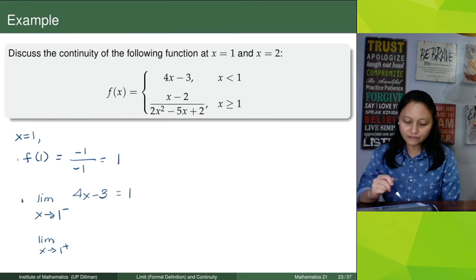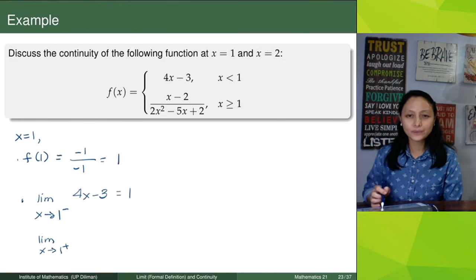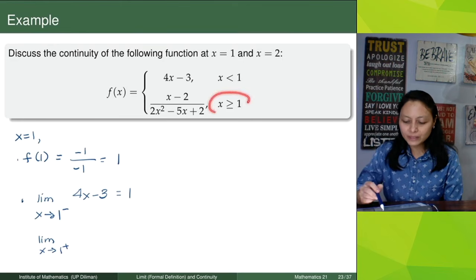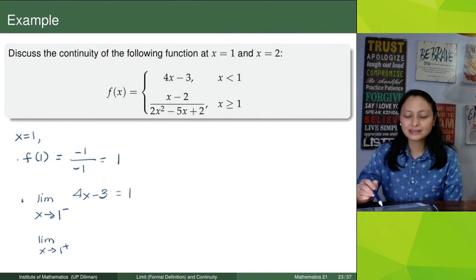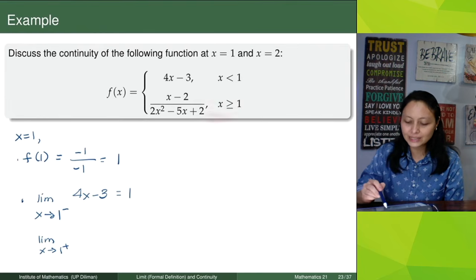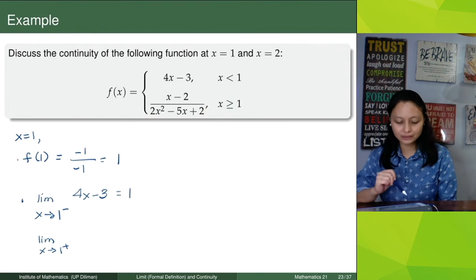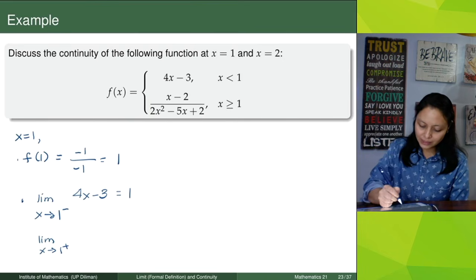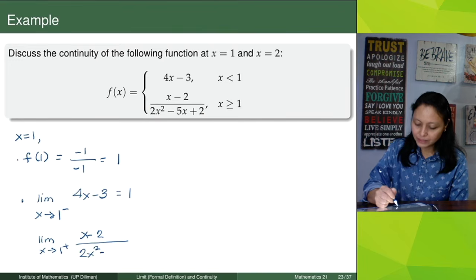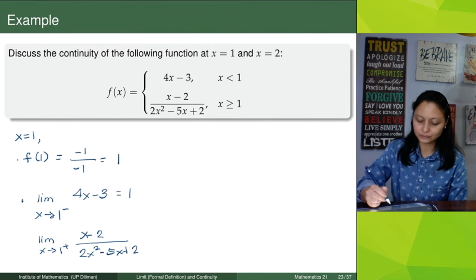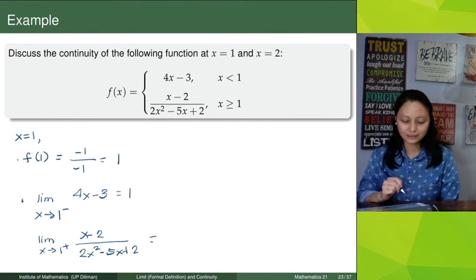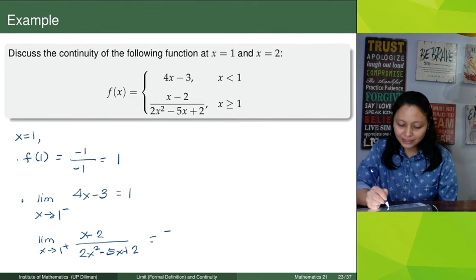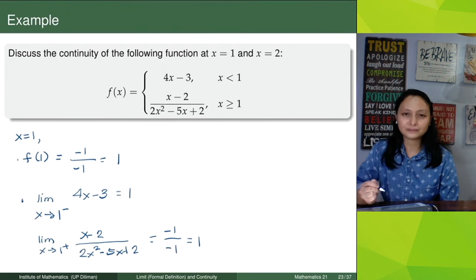Next, getting the limit of f of x as x approaches 1 from the right. This time, etong part na to, sinasabi na for values of x greater than or equal to 1, or yung nasa right ng 1, ito yung piece na gagamitin natin. So we get the limit of x minus 2 all over 2x squared minus 5x plus 2. Okay? So what will that be equal to? You'll have negative 1 over negative 1, which is equal to 1.